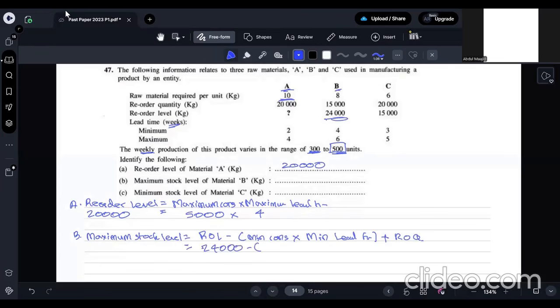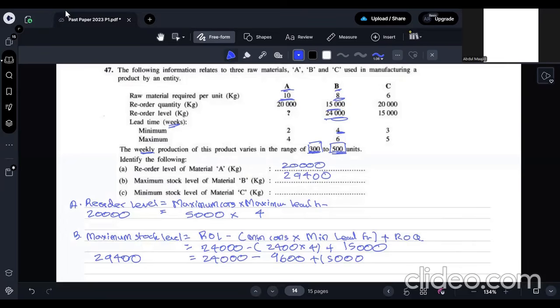Minimum consumption will be 300 units into 8 per unit, that is 2,400 kilograms. Minimum lead time will be 4 weeks plus reorder quantity 15,000. That will give you 24,000 minus 2,400 into 4, that is 9,600, plus 15,000. The maximum stock level will be 29,400 kilograms of material B.